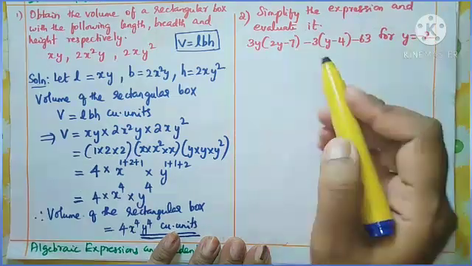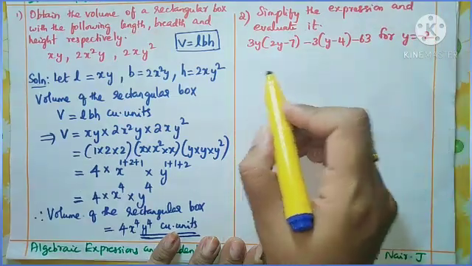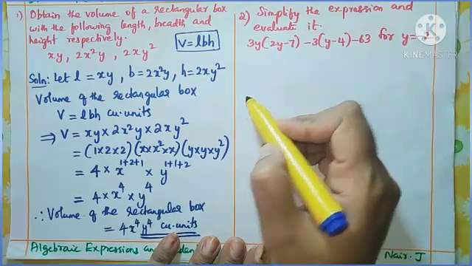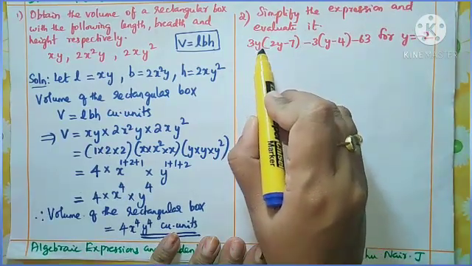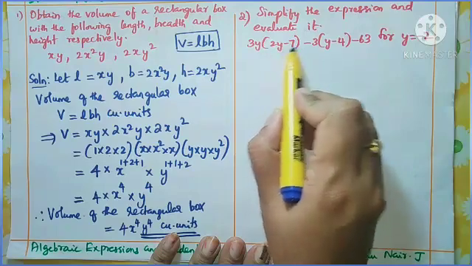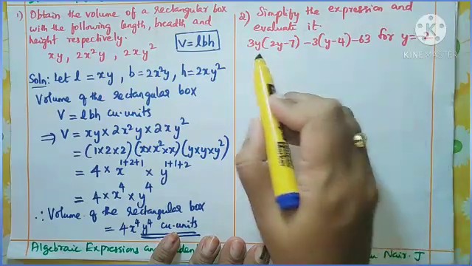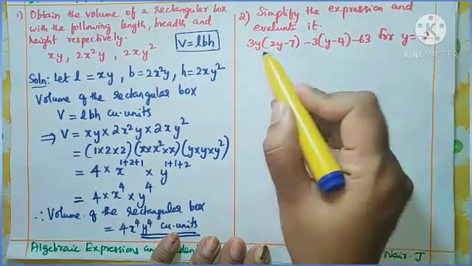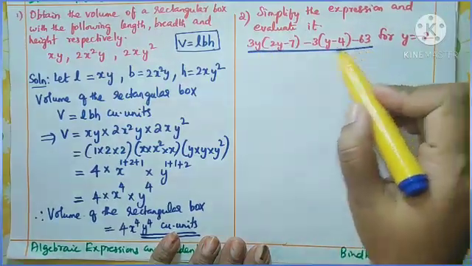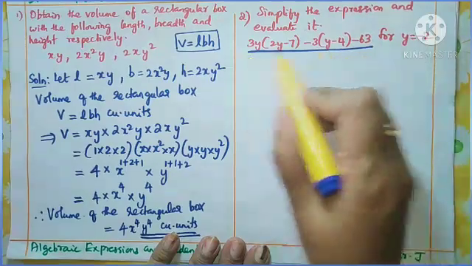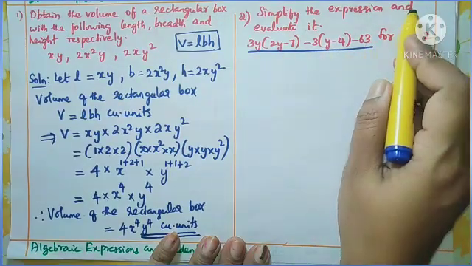So that is the meaning of opening the bracket. When you open the bracket, the outside term, the common term, should be multiplied by all the remaining terms inside the bracket. So this is the expression given in our question, and after simplifying this expression, what do you want to do?